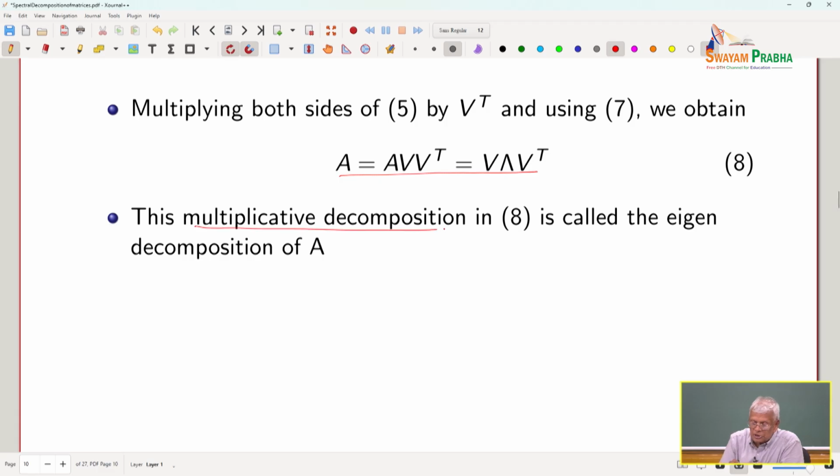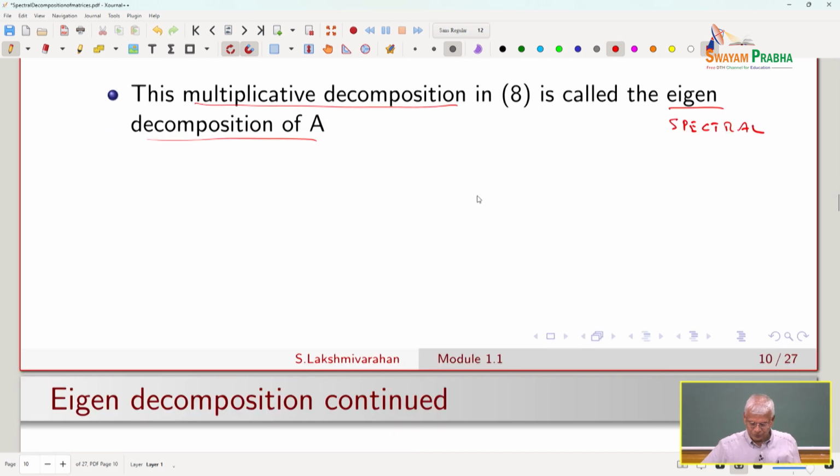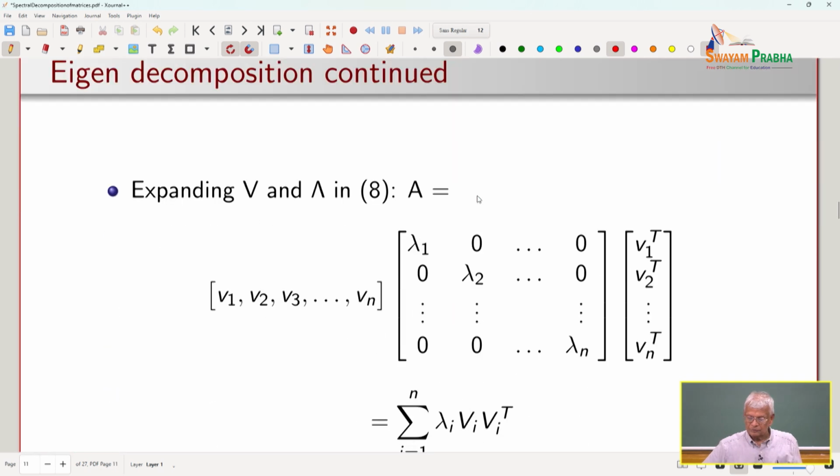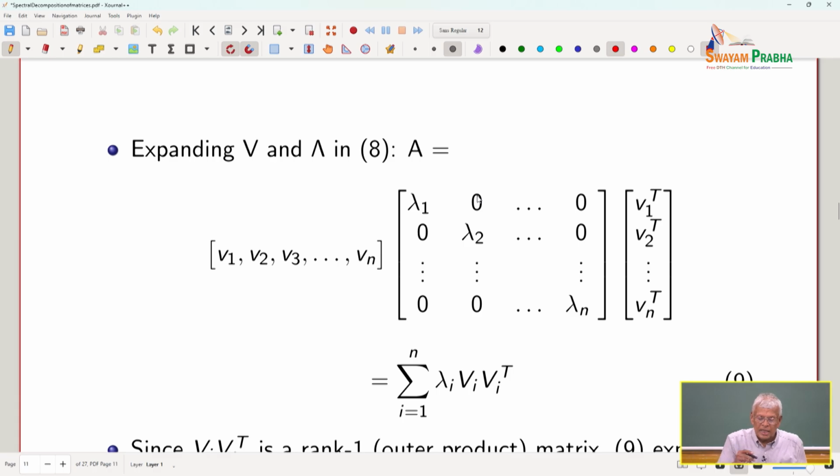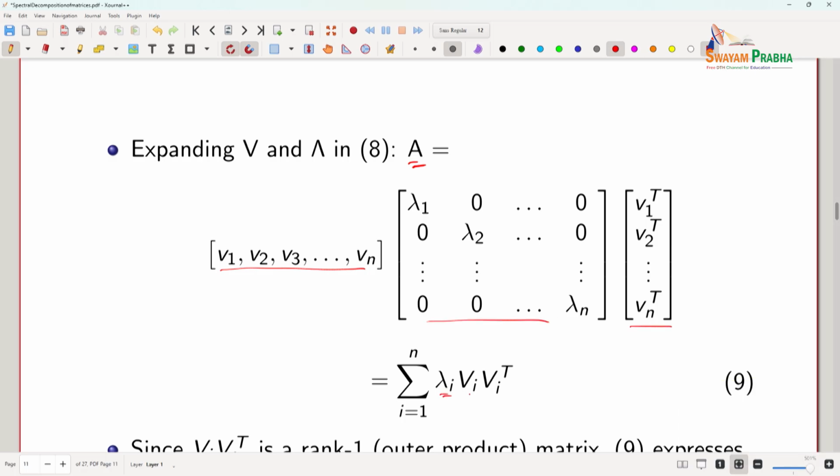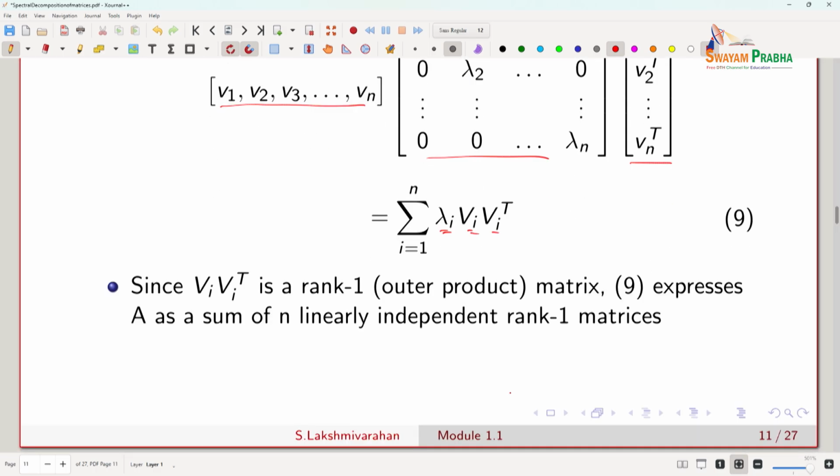This is a multiplicative decomposition. This is called the eigen decomposition. This is also called the spectral decomposition. So, what is the spectral decomposition of A? You can think of it as a sum of lambda_i times V_i V_i transpose. V_i V_i transpose is a rank 1 outer product matrix.